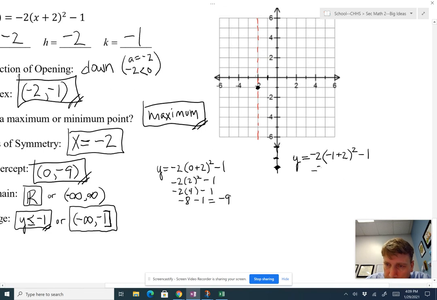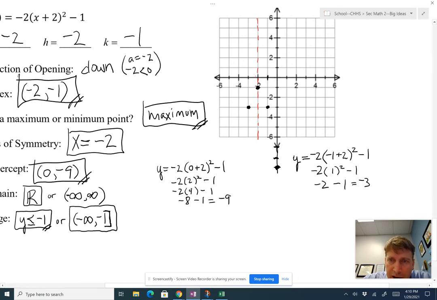And then -1 plus 2 is 1 squared minus 1. 1 squared is just 1, and 1 times -2 would be -2, so I have -2 minus 1, which would be -3. So at -1, I'm down here to -3. And again, we use the axis of symmetry. On the other side of that axis of symmetry, just 1 unit away, would be another point.